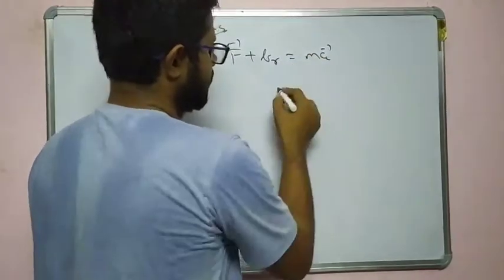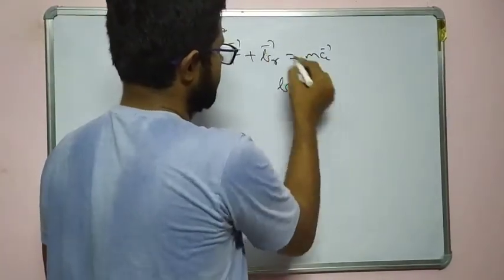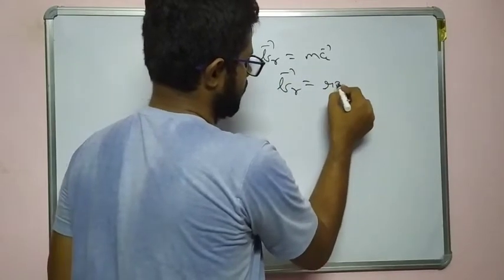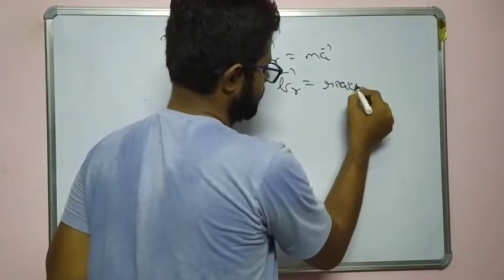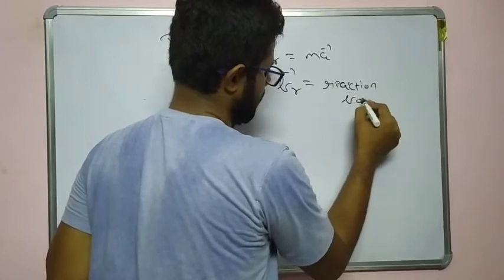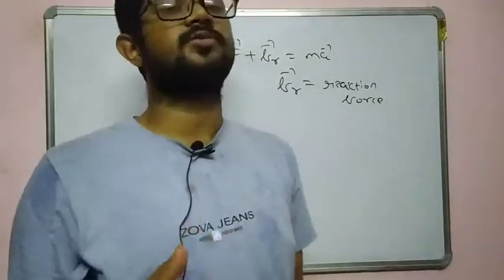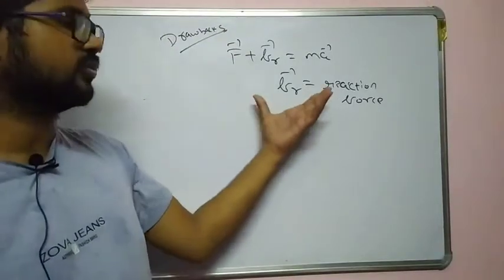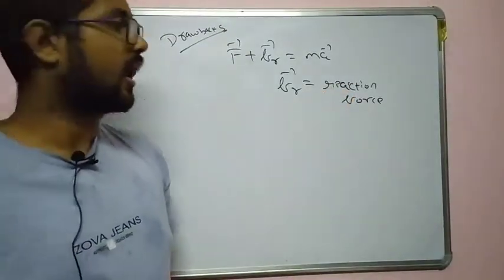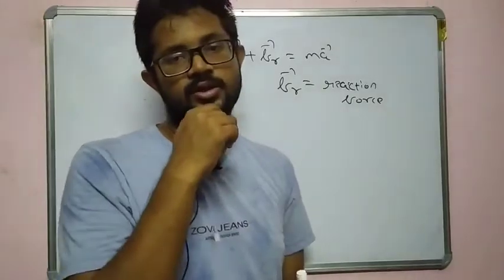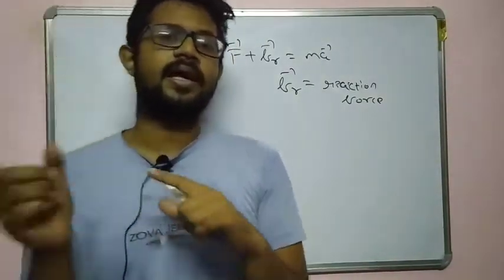What is small f_r? It is nothing but the reaction force. Reaction forces are very difficult to deal with, so you have to get rid of this term. How can you get rid of it? That is given by D'Alembert's principle.